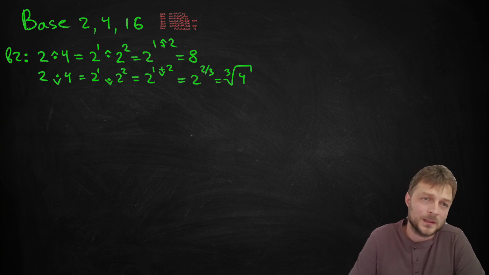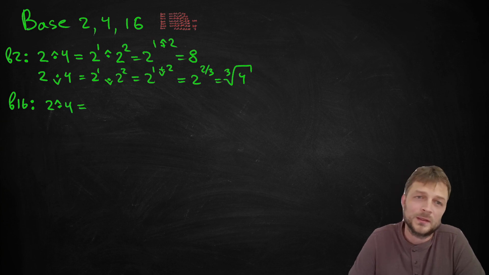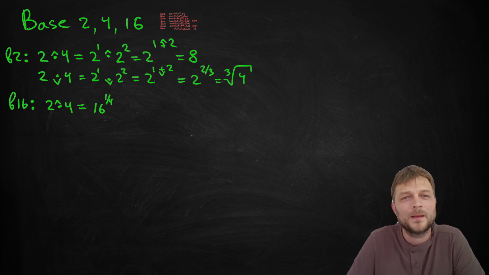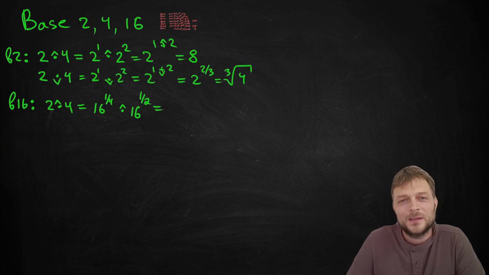Okay, let's consider base 16. 2 multiplied by 4 in base 16 will be 16 to the power 1/4 multiplied by 16 to the power 1/2. This equals 16 to the power 1/4 plus 1/2.